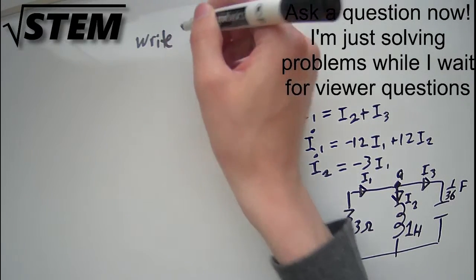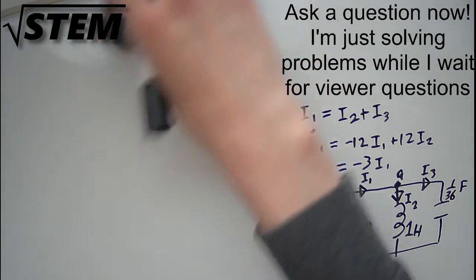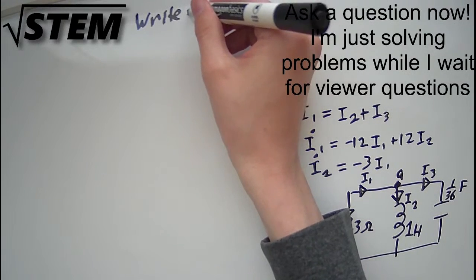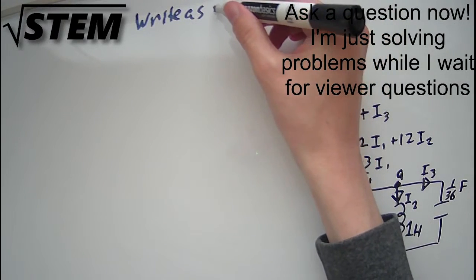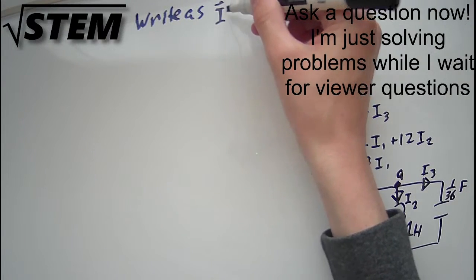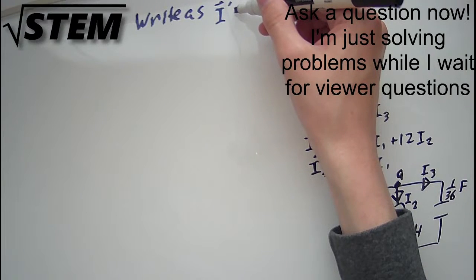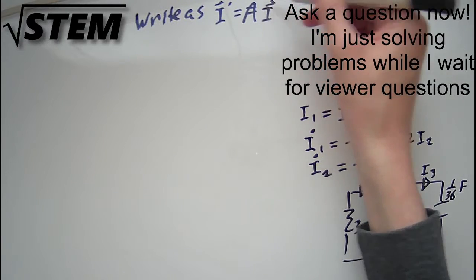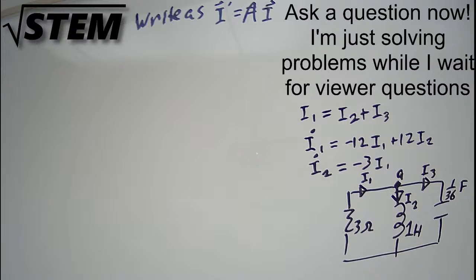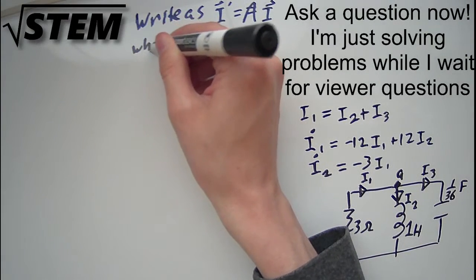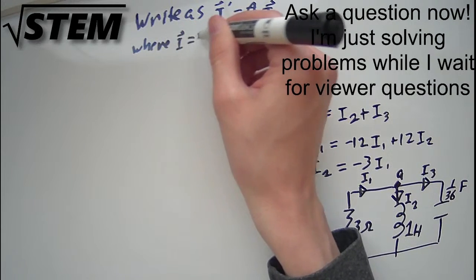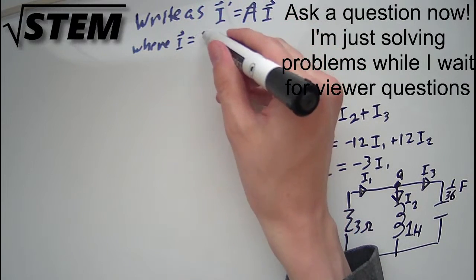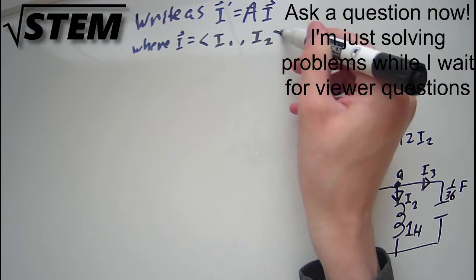So write it as, I'm going to put that up a little higher since we have more room, I, the vector, prime equals A, the matrix, times I, the vector, where I, the vector, equals I1, I2. Oh, okay, we'll write it sideways.